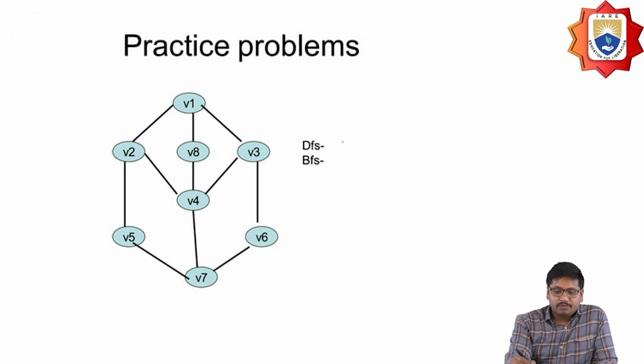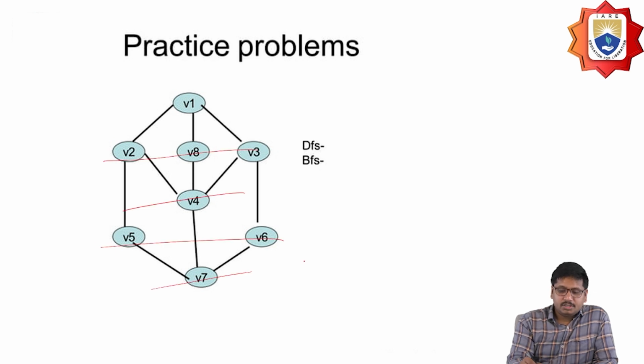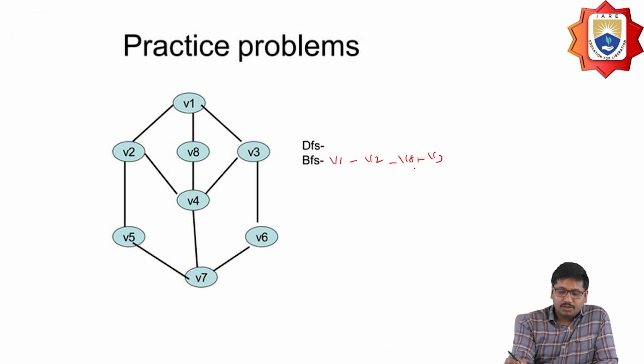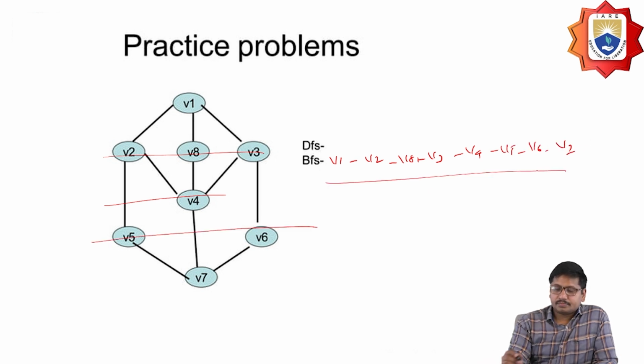Now find out the breadth first search and DFS of this. What should be the DFS order of this one? Breadth first search means that I have to visit the nodes level by level of the tree. That should be the breadth first search. So I'm going to consider V1, V2, V8, and V3. This level I visited. The next level is V4, and the next level is V5, V6, and the next level is V7.